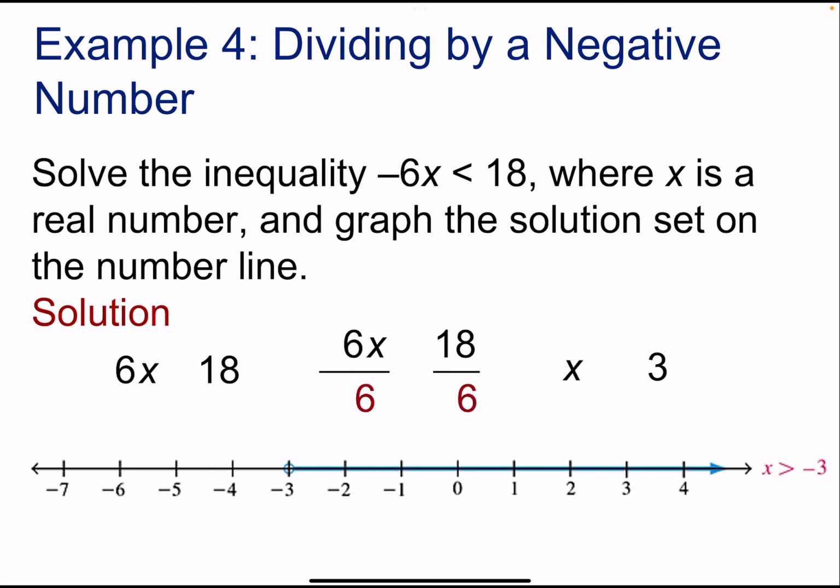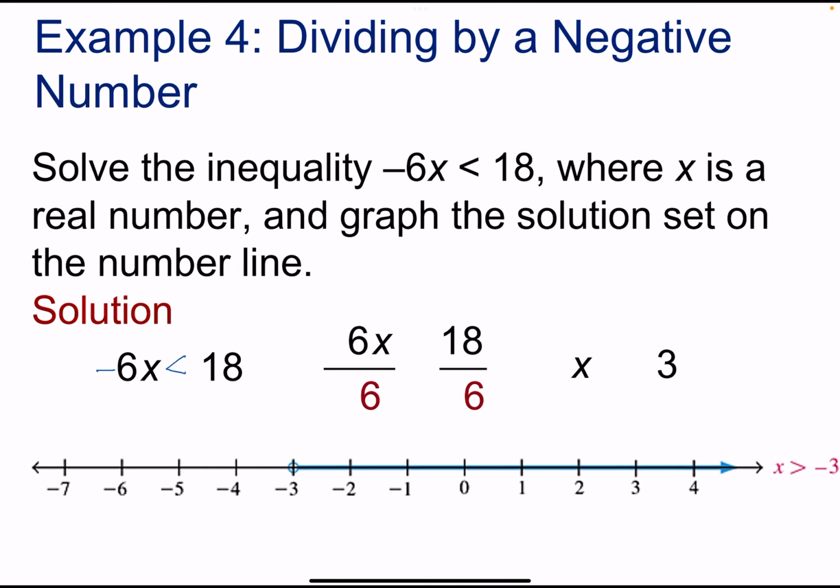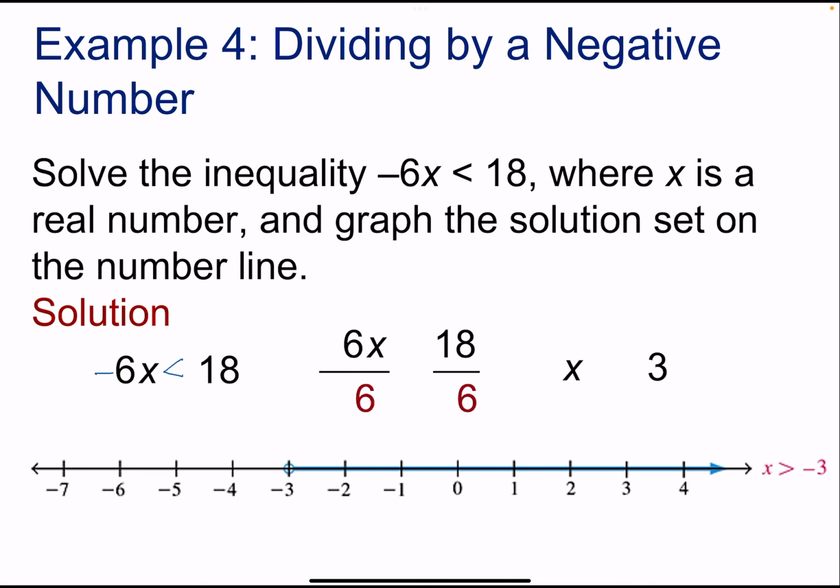Suppose we want to solve this inequality, negative 6x less than 18, right? To solve this inequality, we need to isolate x. So we will divide both sides by negative 6.